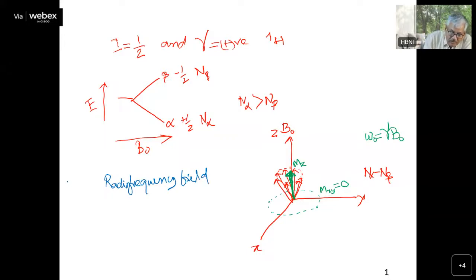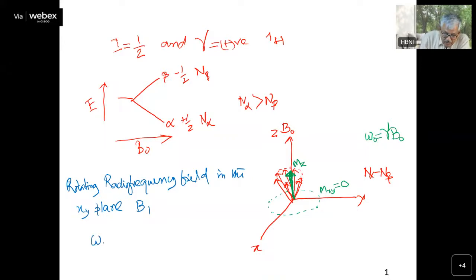It is a rotating radio frequency field. Apply a rotating radio frequency field in the xy plane, with magnitude of B1.